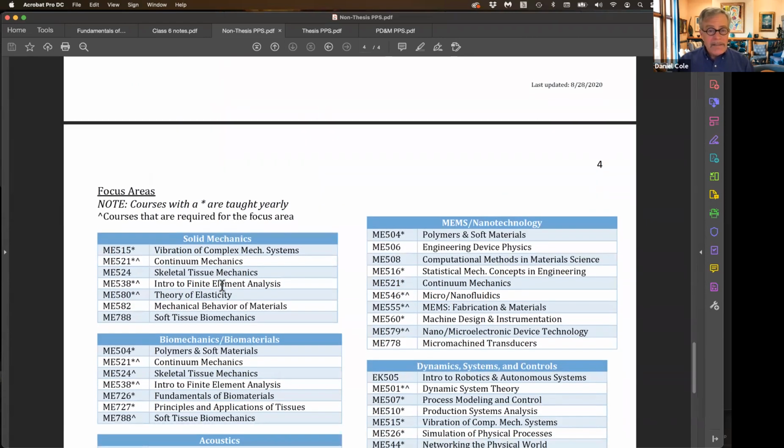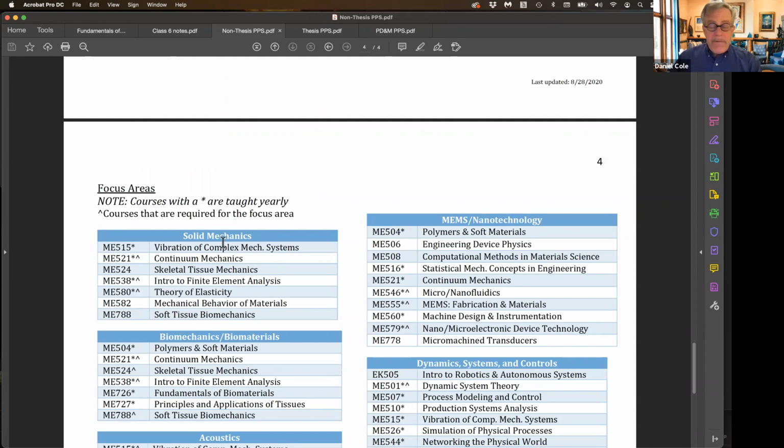Okay, so we have 8 of them. Now let me just backtrack a little bit. Mechanical engineering is one of the oldest of all engineering schools, which became a bachelor's, a master's and a PhD, going back to around 1800. Before that, I don't think they taught mechanical engineering in colleges.